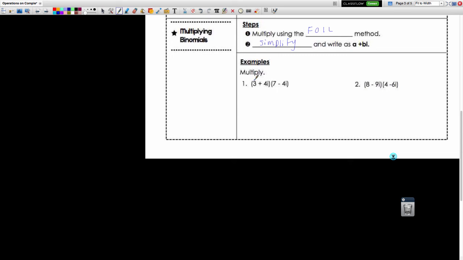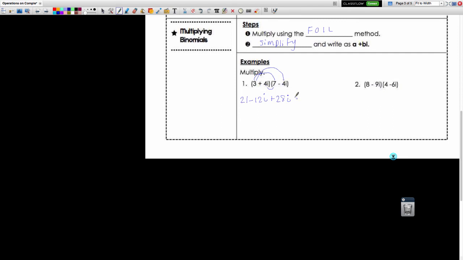You multiply the first terms. So we have 3 times 7, which is 21. And then we have 3 times a negative 4i, which is a negative 12i. And then we have 4i times 7, which is 28i. And we have 4i times negative 4i.